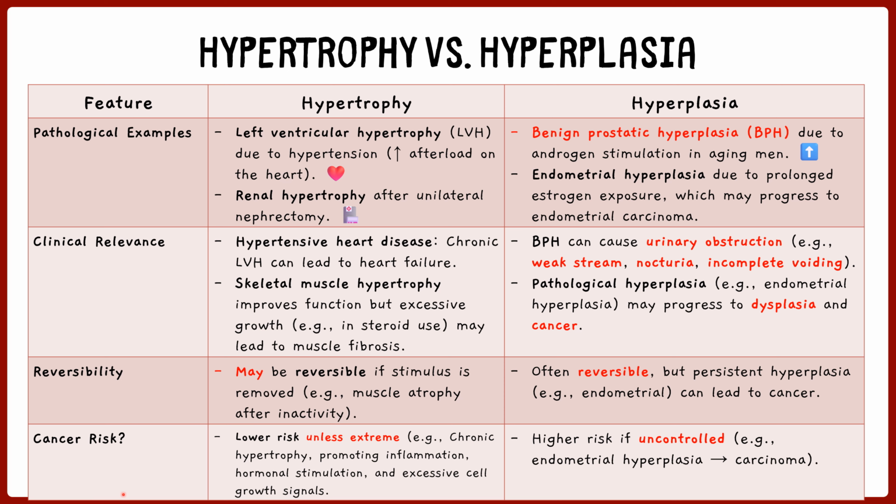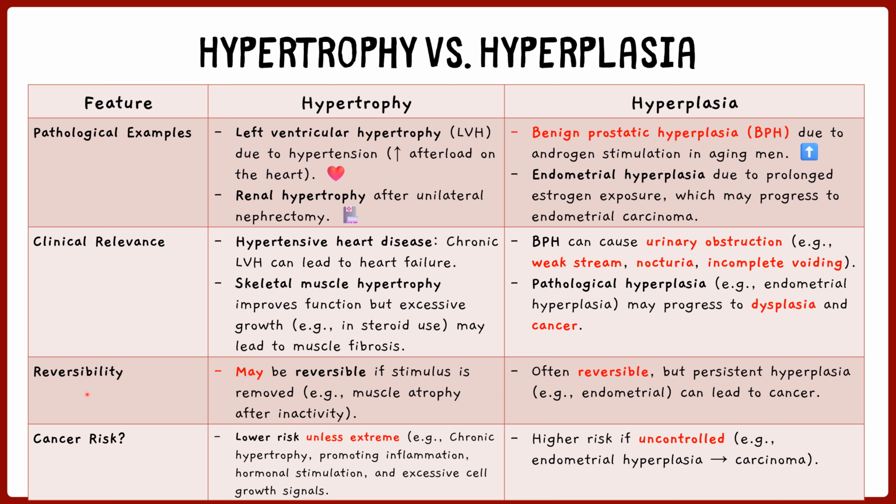Right, so before we wrap up this session, it's very important to note these two parts about hypertrophy, so that later on when we finish hyperplasia, you can easily compare these. The reversibility. So, hypertrophy can be reversible or irreversible. It all depends on the cause. So, let's say the cause is physiological hypertrophy, whether it's exercise induced or pregnancy related, whether it's skeletal muscle or heart muscle, myocardial tissues.